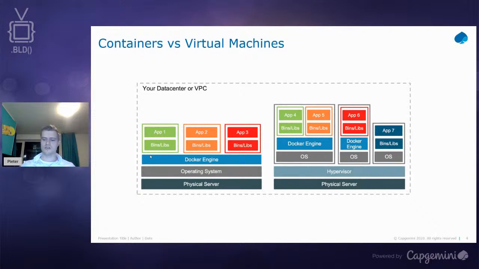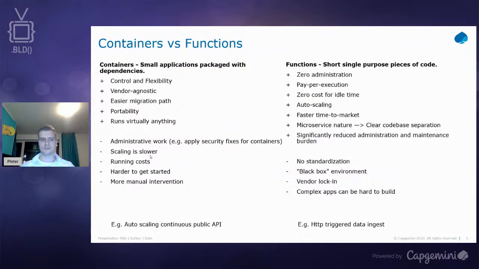So another tight comparison to containers are functions, serverless. In Azure, they're called Azure Functions. In AWS, they're called Lambda.